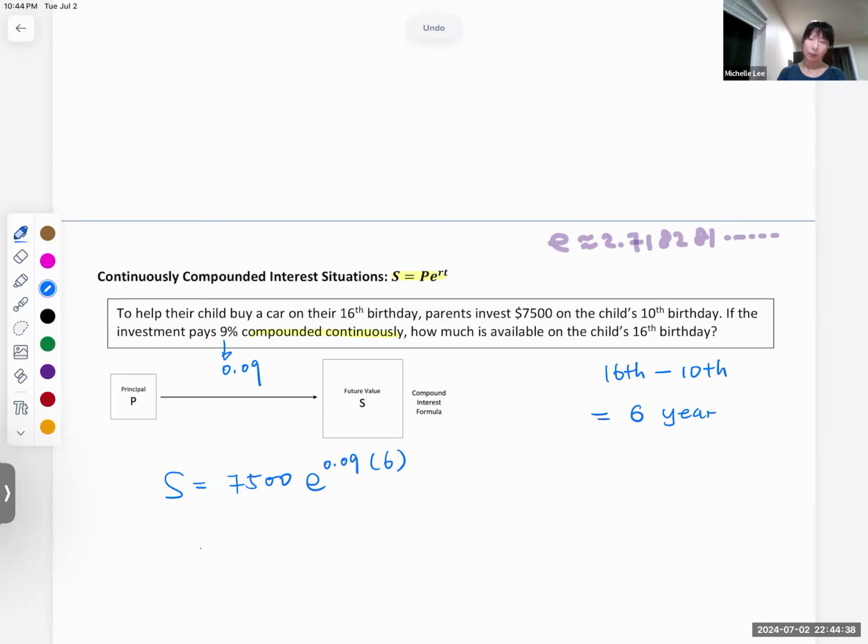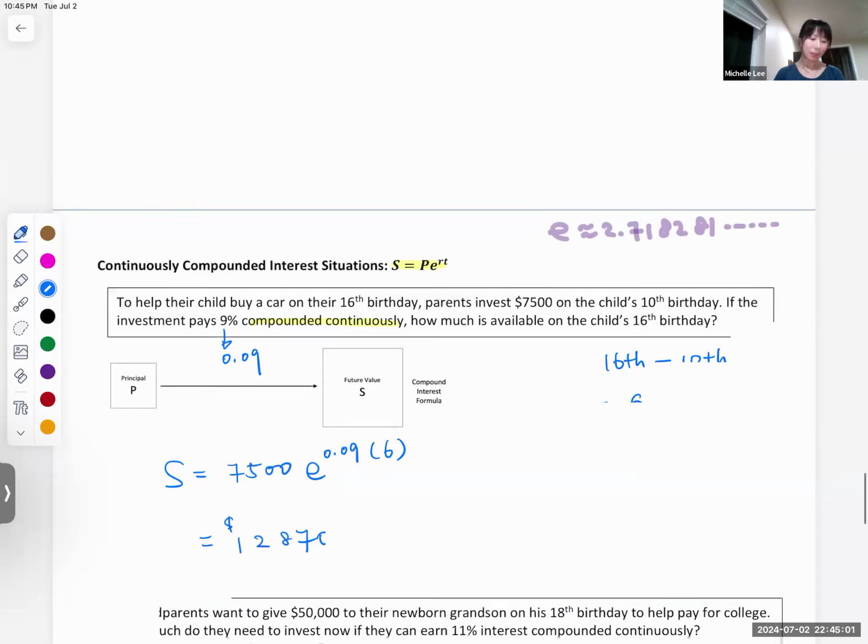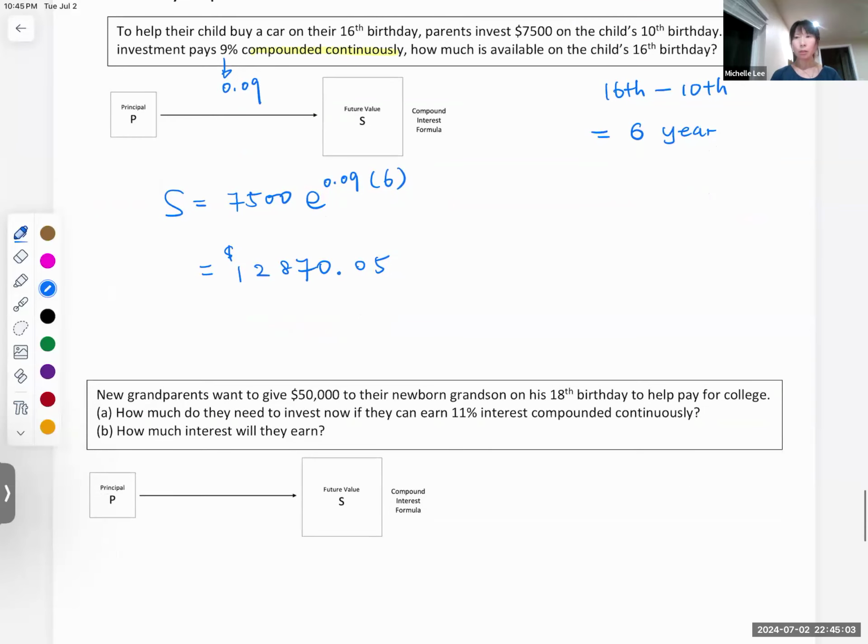So if we calculate this one, it's $12,870.05. Okay, what a lucky child, right? Okay, next one.